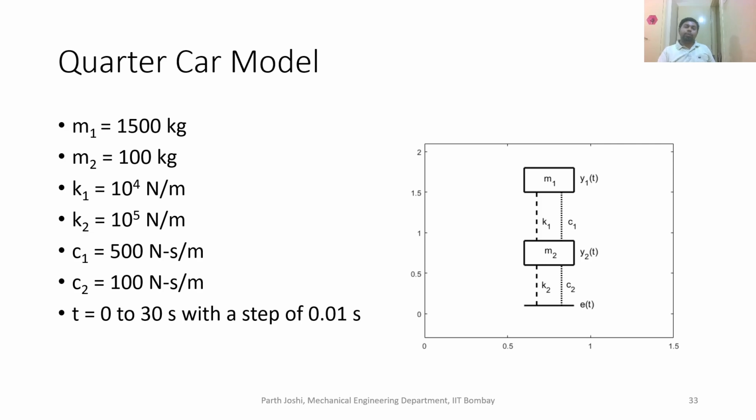What we would expect is that even though the car is traveling on a bumpy road, the up and down movement of the mass m1 should be as little as possible to ensure passenger comfort. That would be our design objective. If you want to design a particular suspension, we would like to have the value of y1 as small as possible.